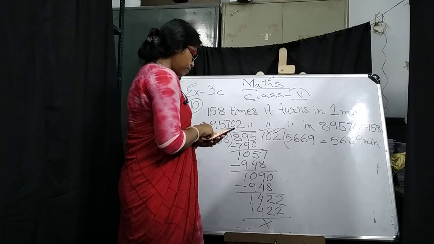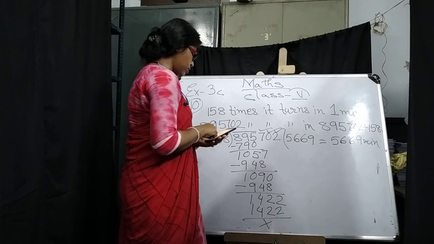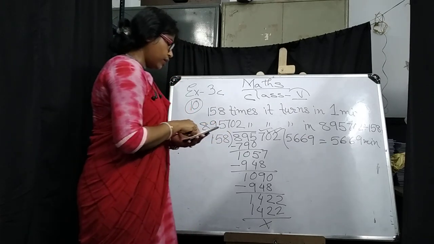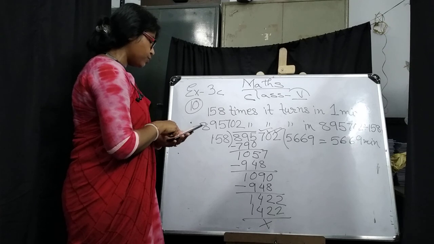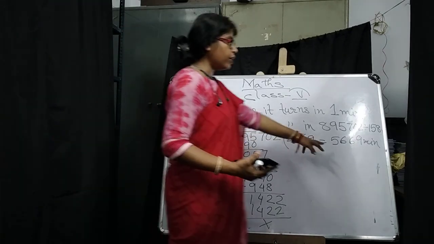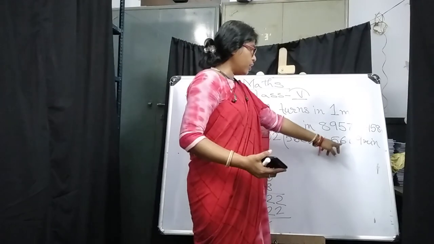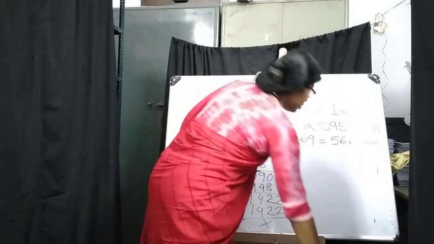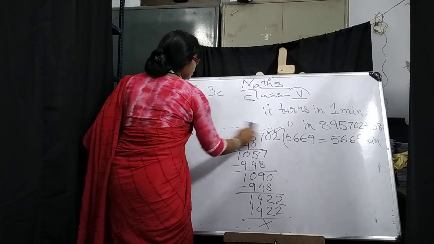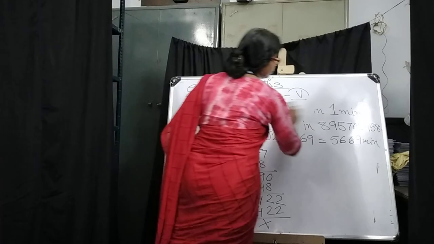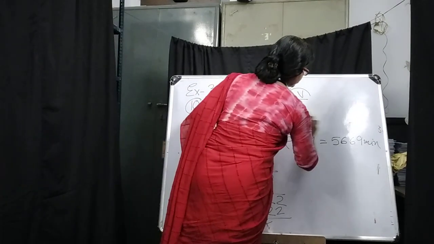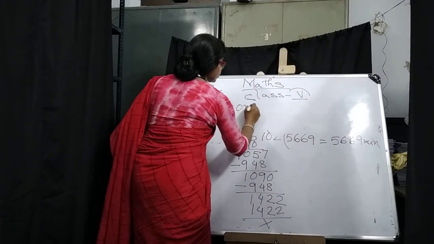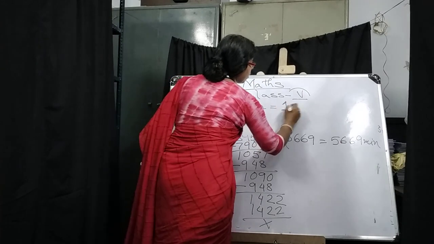So what is the question? How many hours and minutes will it be? So we have to convert it into hours also. Here we get the answer in minutes, so we have to convert it into hours. So what will we write? 60 minutes equals 1 hour.